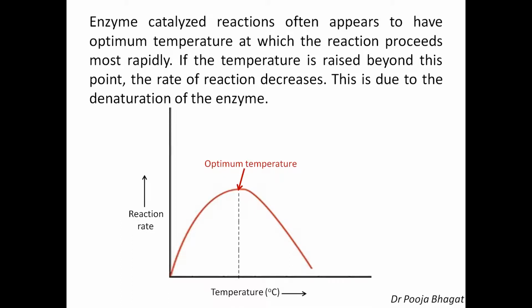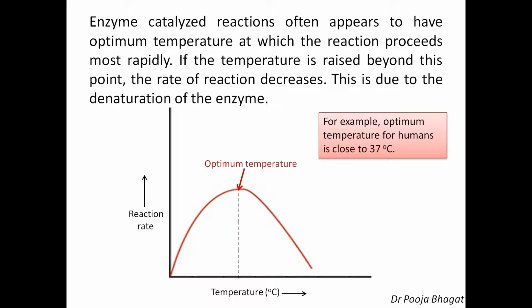Since the enzyme gets denatured, there is a loss of the conformational structure of the enzyme, and hence loss of the enzymatic activity. And therefore, as temperature increases beyond this optimum temperature, the rate of reaction decreases, because now the enzyme is not functional, not active to show the reaction or to act as a biocatalyst.